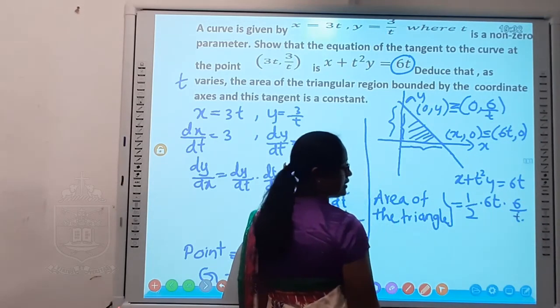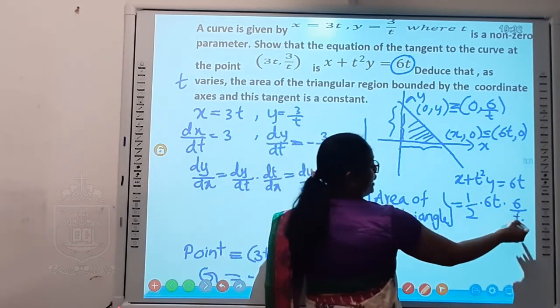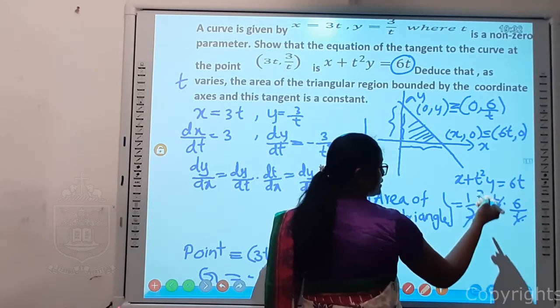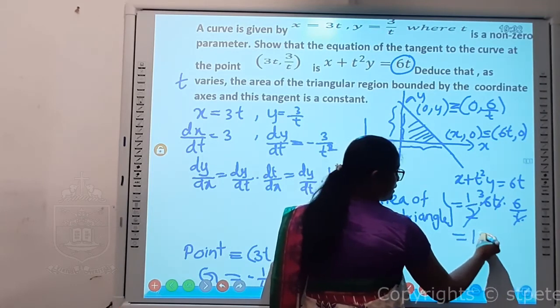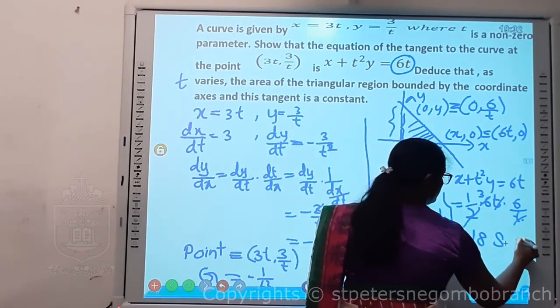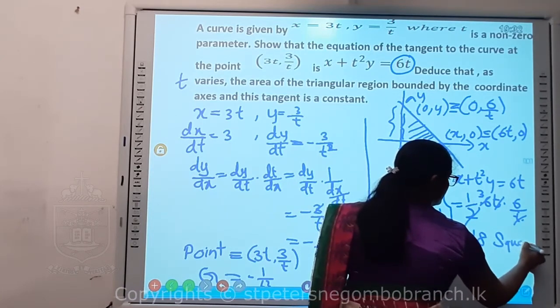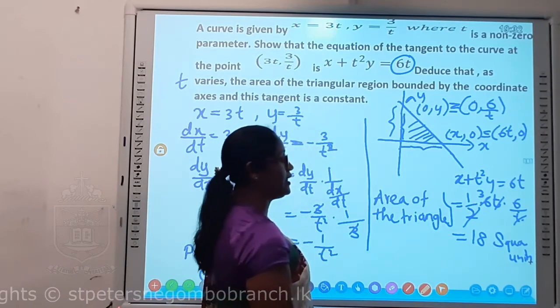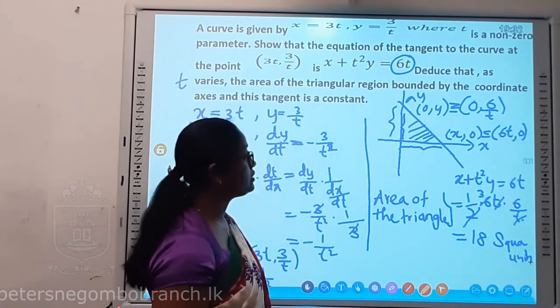Now you can see that t and t can be cancelled. Here 2, this can be written as 3. So the answer is 18. Right? Now you can see 18 square units. Anyway, you can see that the answer does not depend on t.